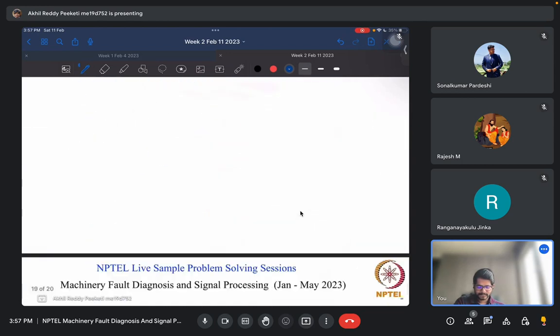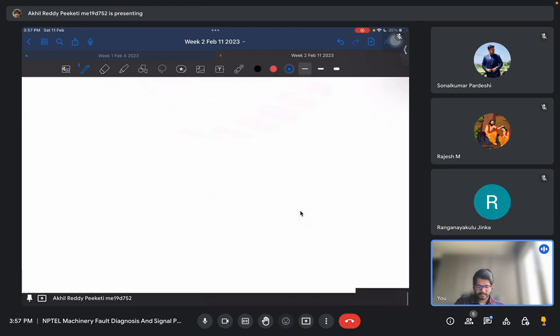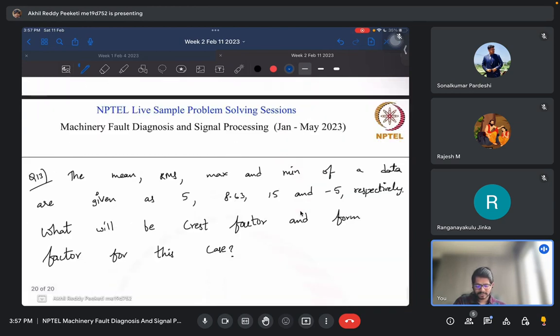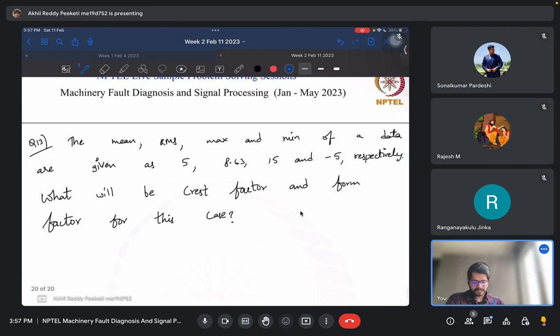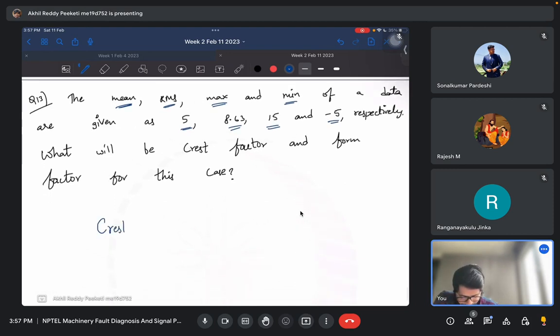Next, we have one final question with which we can wrap up this session. Here the mean, RMS, maximum and minimum are given. Now what will be the crest factor and the form factor? Can anyone tell me?